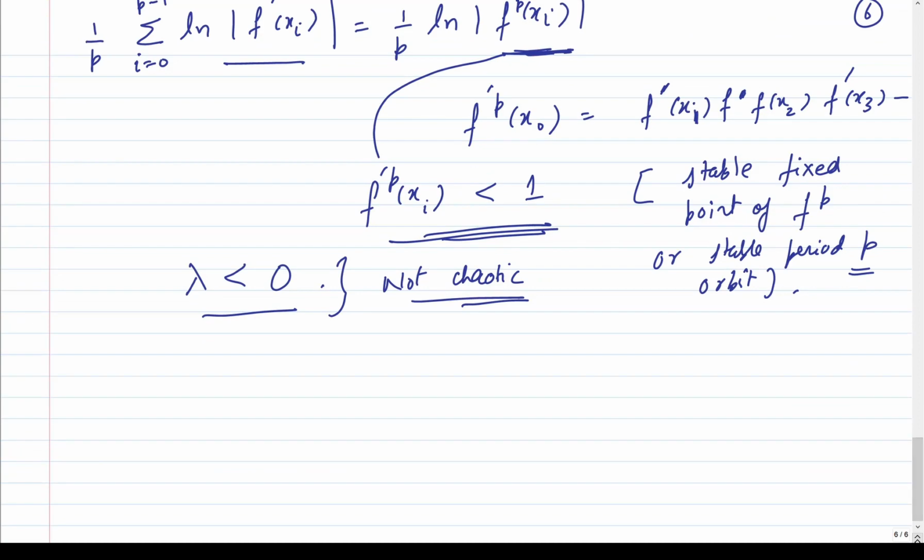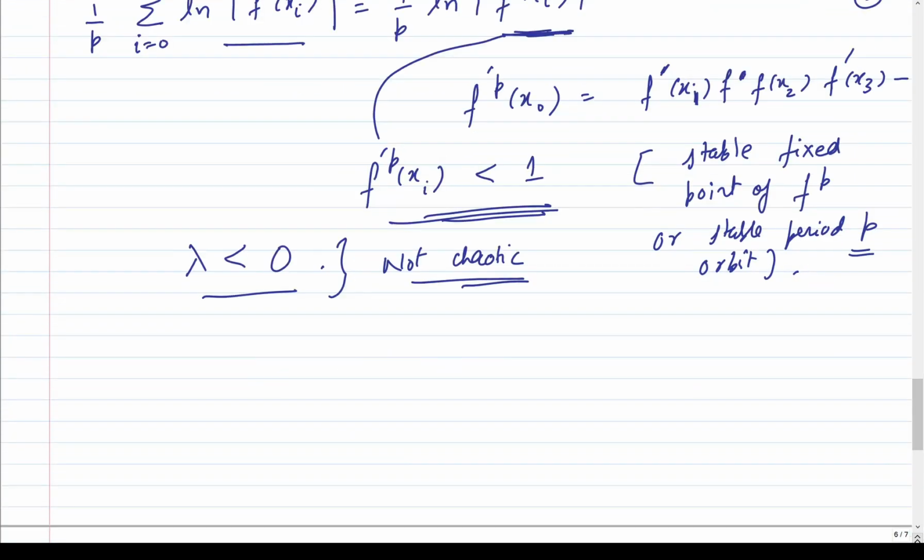We can consider another example. In fact, another class of maps which is much easier to explore than the logistic map, another 1D map, which is the tent map.